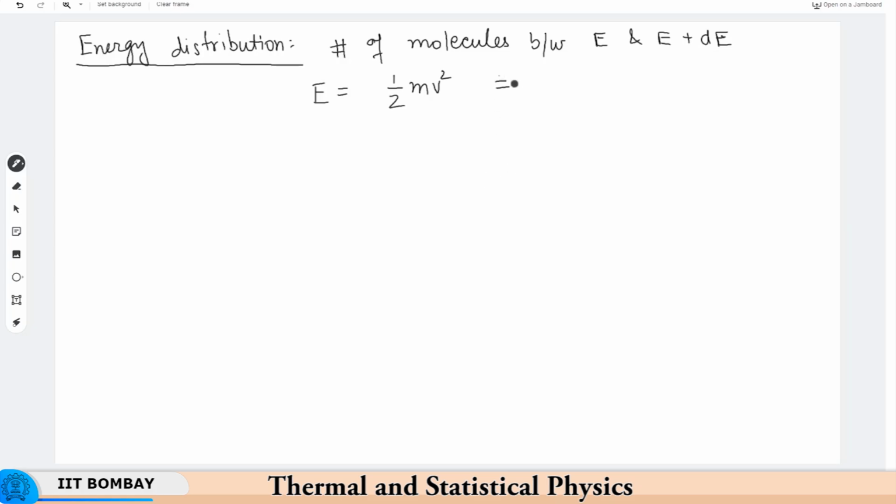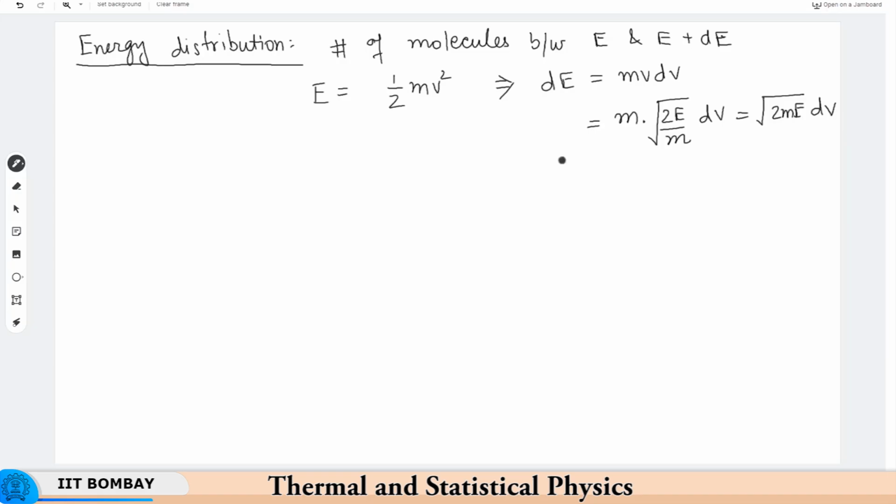If we take the derivative, dE by dV becomes mv, and if you substitute the value of V from this relationship, this becomes m times square root of 2E by m, and this is nothing but square root of 2mE.